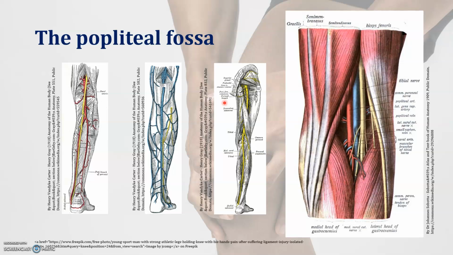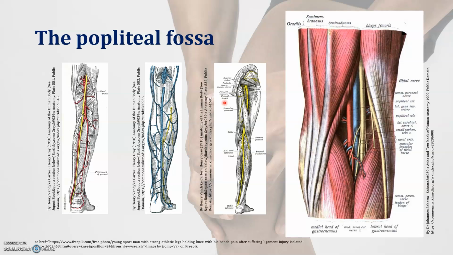In the upper part of the fossa, as the sciatic nerve emerges from below the biceps femoris, it almost immediately breaks up into its two terminal branches: the tibial nerve, which then runs vertically down through the fossa and deep to the flexor muscles, and the common fibula or common peroneal nerve, which follows the edge of the biceps femoris and then runs deep to it and winds around the head of the fibula, then breaking up into the superficial and deep fibula or peroneal nerves.